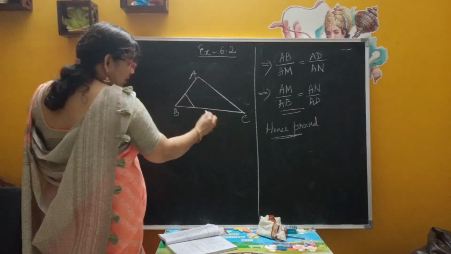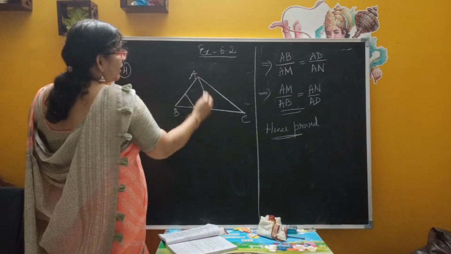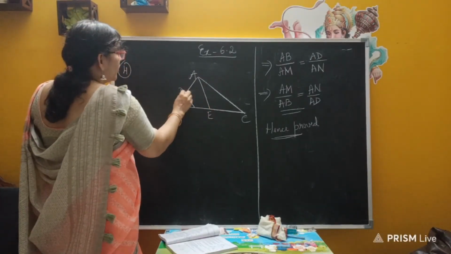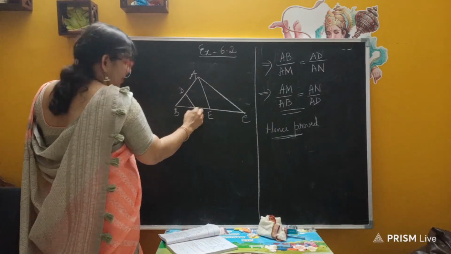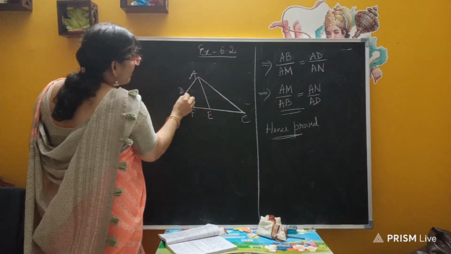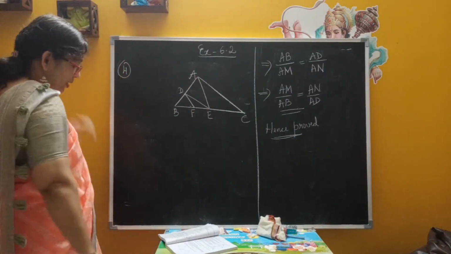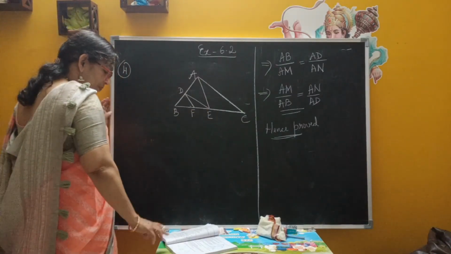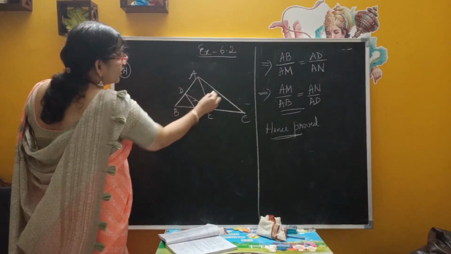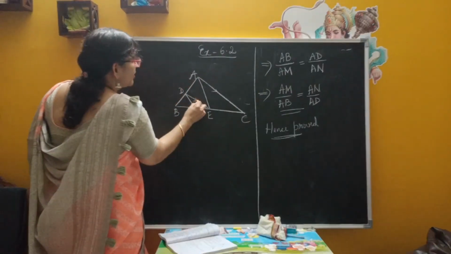Here we have a point on the line, and it is joined to A, point E, and this is point D and F, and DE is also joined. What is given in the question? DE parallel to AC. This one. DE parallel to AC. It is given.